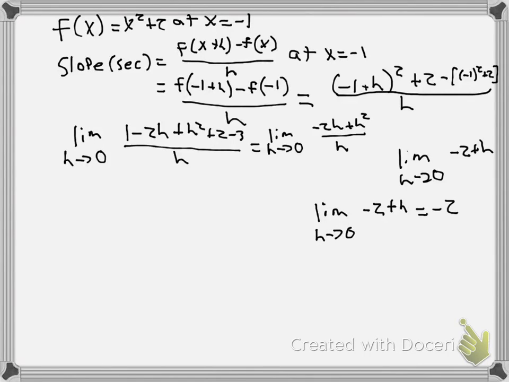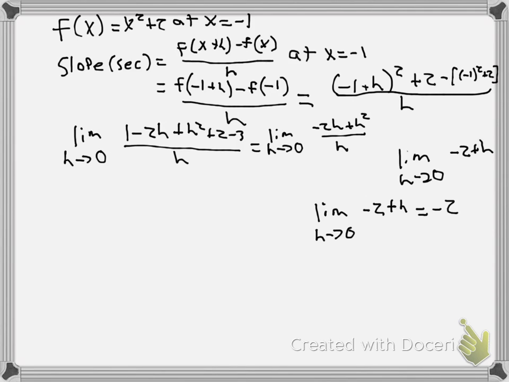That will give me the rate of change at that particular point. So if I begin by looking at the slope of the secant line, change in y over change in x, and find the limiting value as you allow h to approach 0, what you find is the slope of the tangent line.